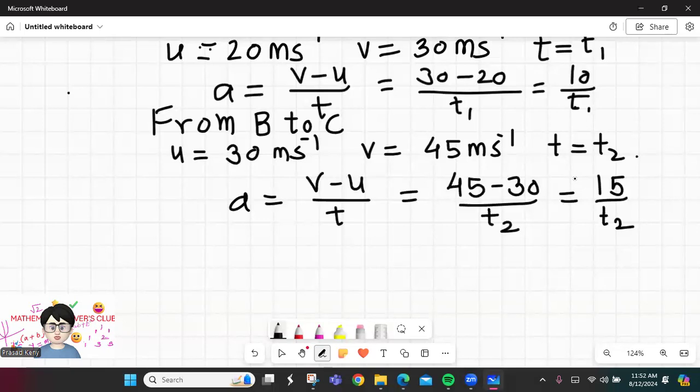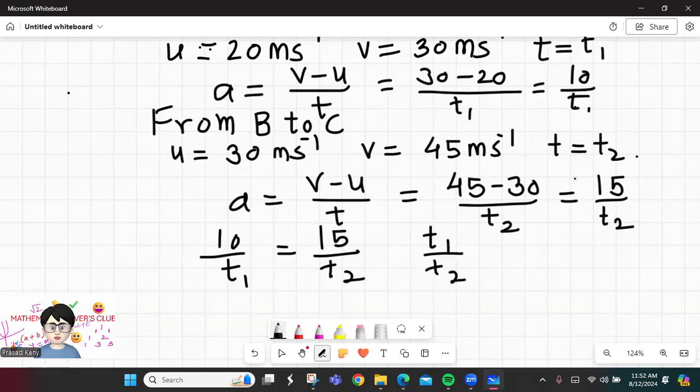Now I'll equate these, so that means 10 divided by t1 will be equal to 15 divided by t2. And that will give me t1 divided by t2 is 10 upon 15, or that is 2 upon 3.